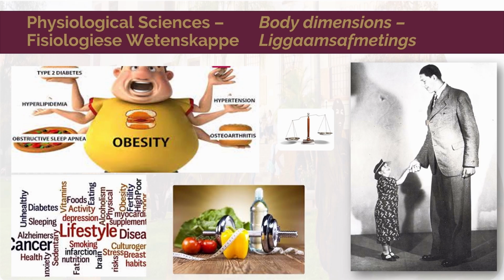So if we look at body dimensions as an example, here we have somebody who is overweight or obese, and this obesity has an increased risk for the development of type 2 diabetes, hyperlipidemia or elevated blood fats. It can also be related to obstructive sleep apnea, people that are snoring, hypertension and osteoarthritis.